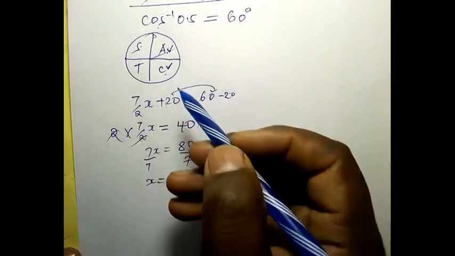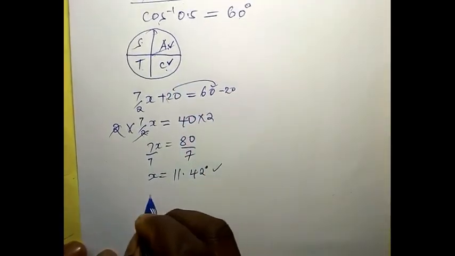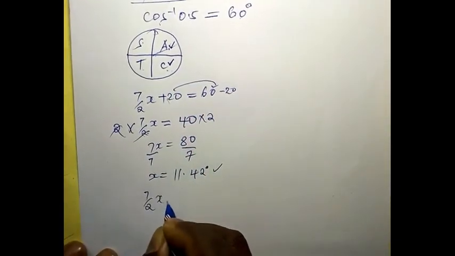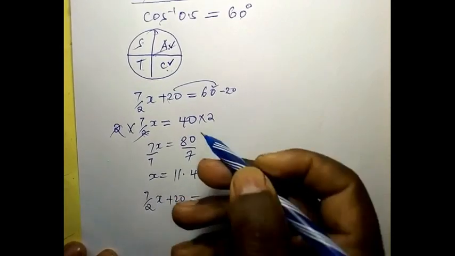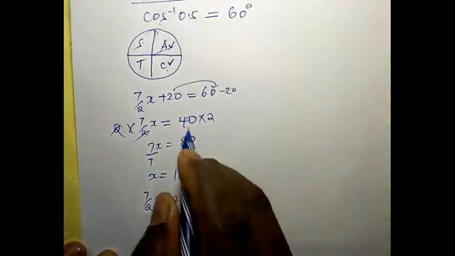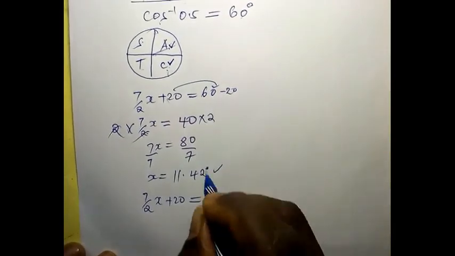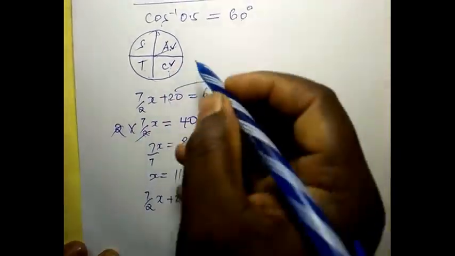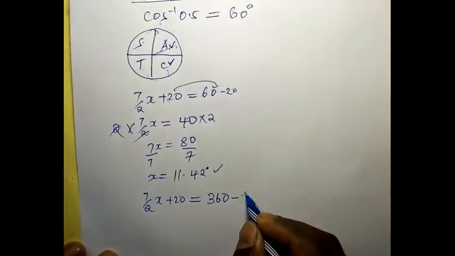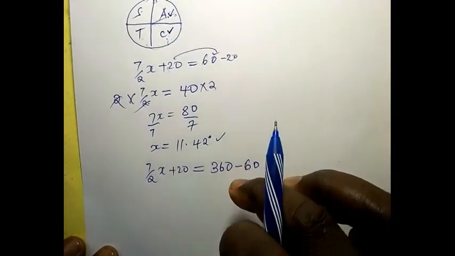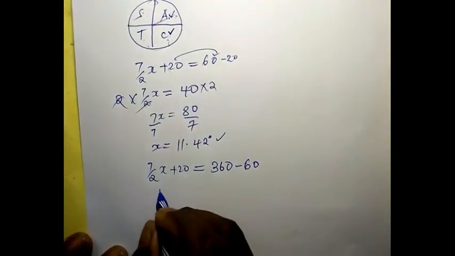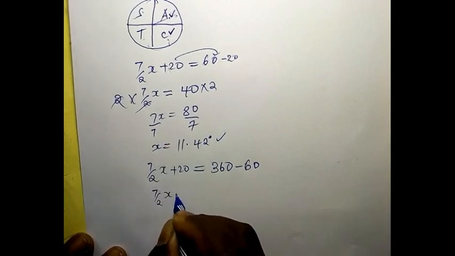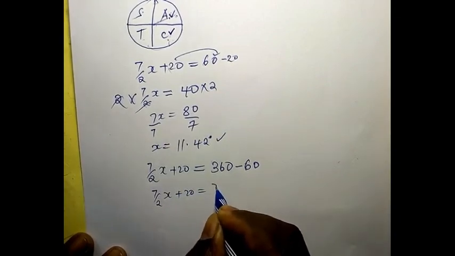In the fourth quadrant, we get the angle like this: 360 subtract the theta. Our theta is 60, so we subtract that. That is the angle at the fourth quadrant. 7/2 x plus 20 will be equal to 300.